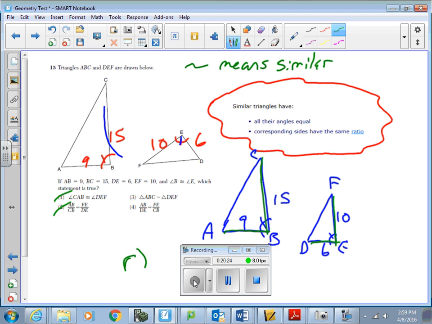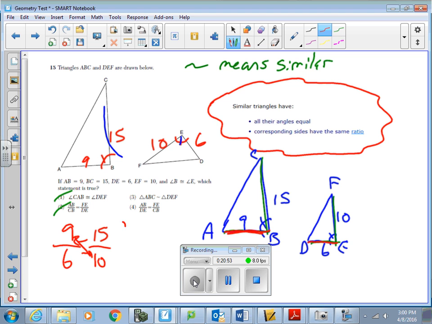So our corresponding sides would be 9 and 6, so 9 over 6. Does that equal 15 over 10? Is that true? How can I see if that's true? Well, I don't know how you're going to do it, but you can always cross multiply. And if the cross products are equal, then you have 2 equal ratios. So we're just going to cross multiply.